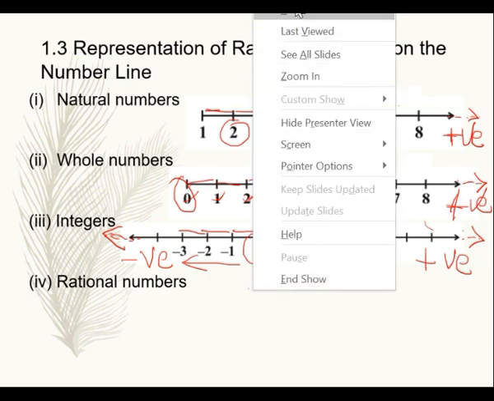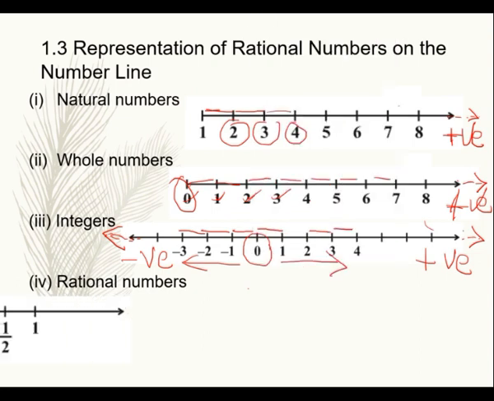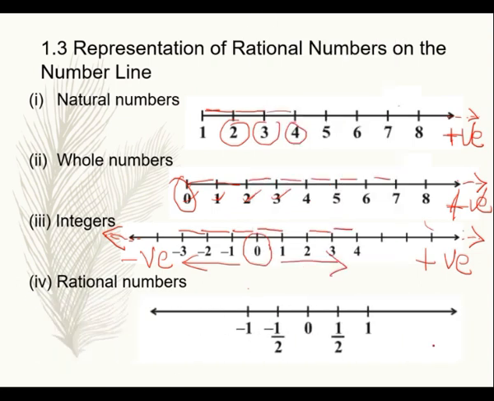Children, a rational number line is a number line having not only integers, but along with those integers, the numbers between them also.